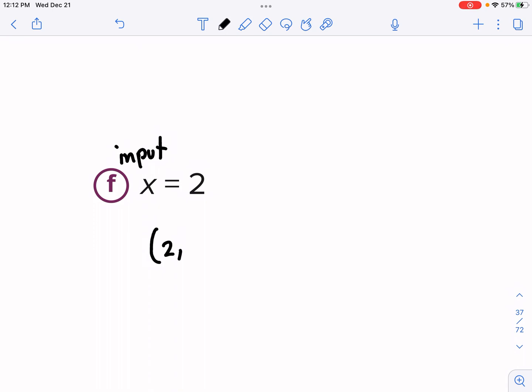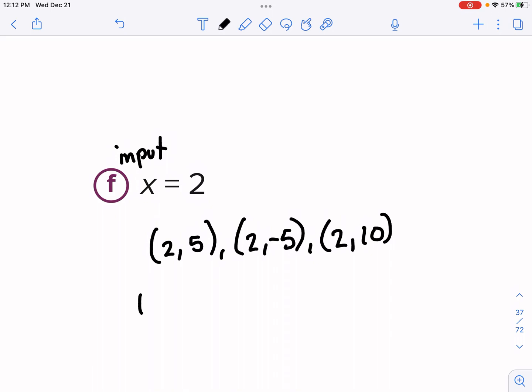I could pick any y value. Let me say 5. 2, 5 satisfies this equation. But there's no place for me to plug a 5, so I can make that up. Similarly, I could say 2 is equal to negative 5. Or 2 is the input for 10. Right? Since all the inputs are 2, it works out.